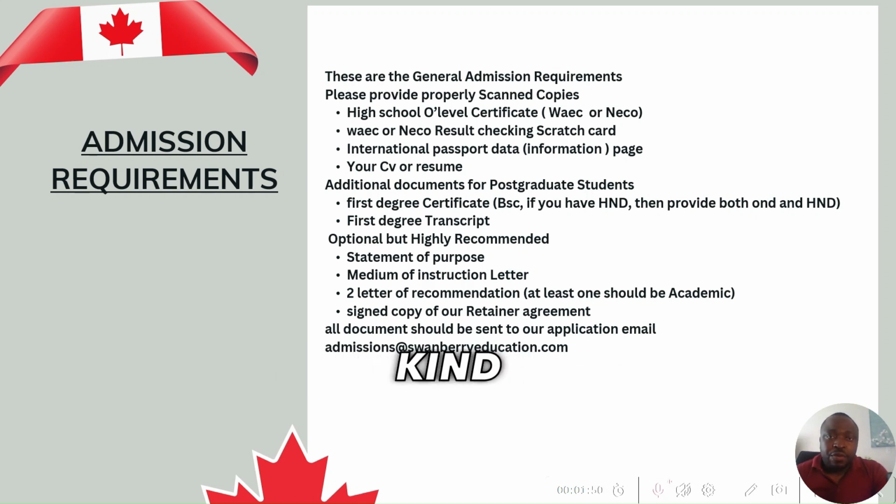If you have another kind of qualification, you should reach out to us. Not all schools accept it, so you check the schools that you are about to apply to. You check their website and see what they accept. These documents are just those listed above. Everybody will provide these documents, no matter the level you are trying to study.